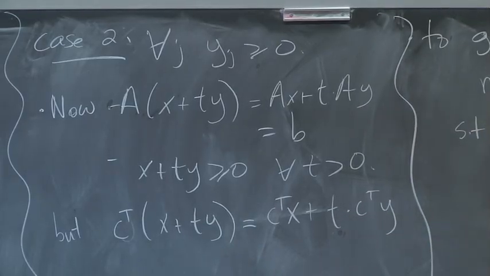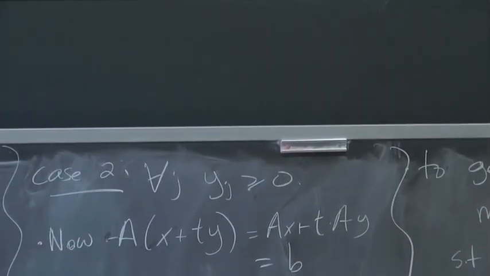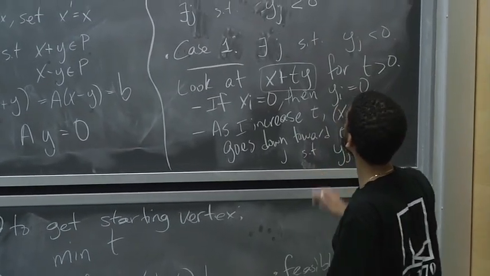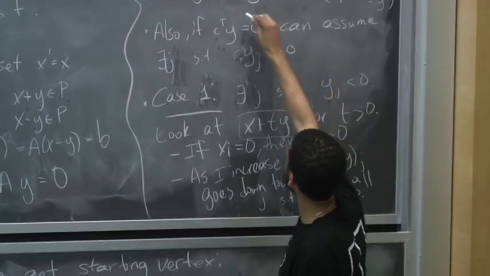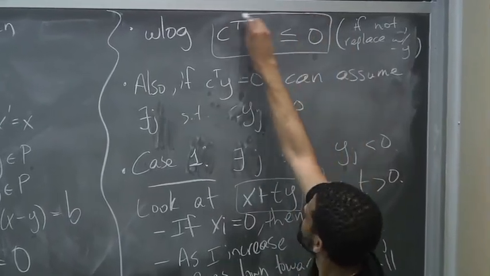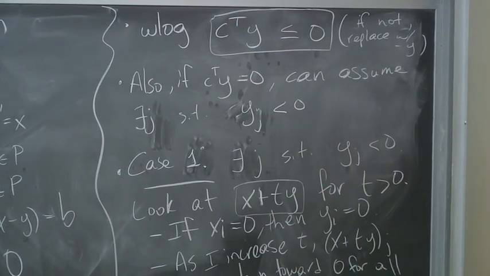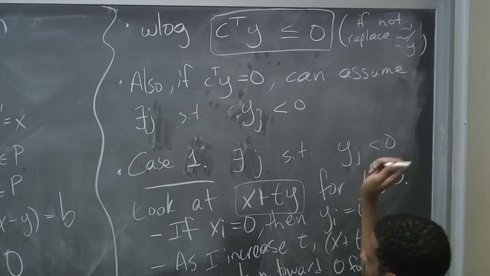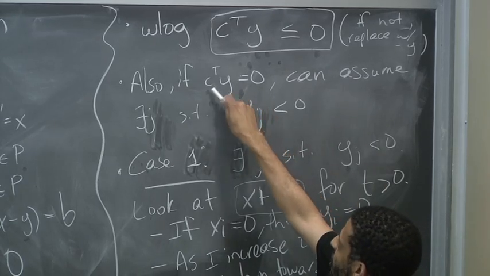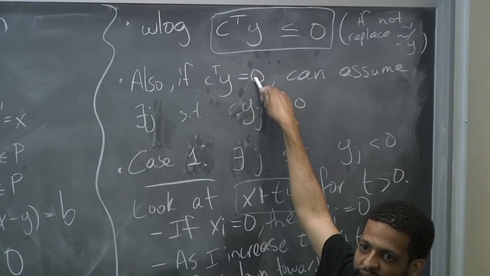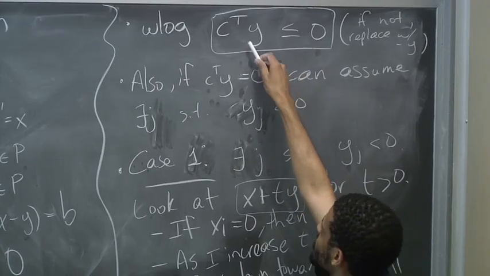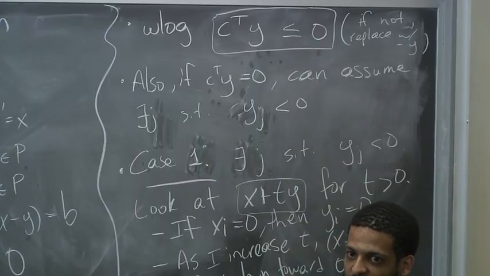And what did I say? I said that this is true. But case one handles all the cases when we have equality, when C transpose y is 0. So if we're in case two, it means that this inequality is strict.